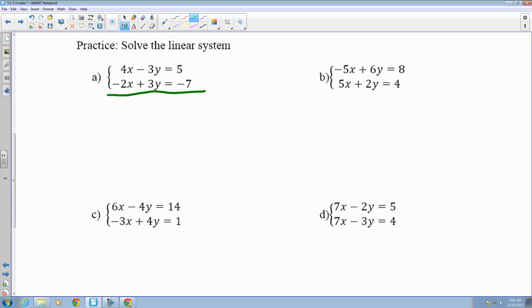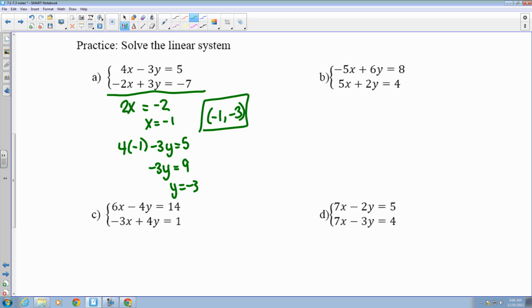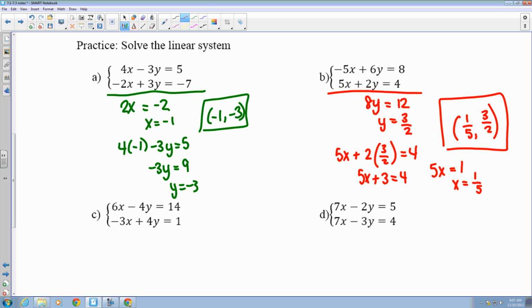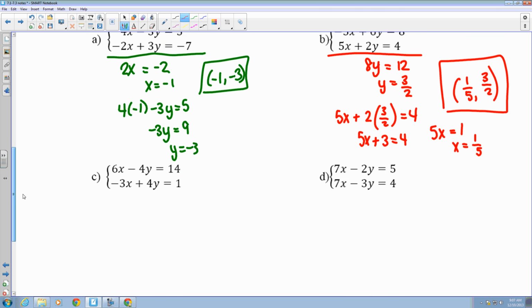Okay, I'm going to go through and silently work on these. And I just showed you how to go through the first two.